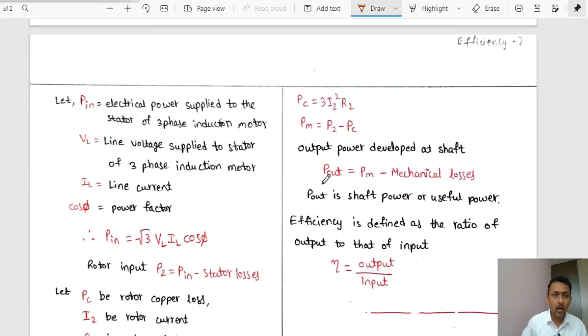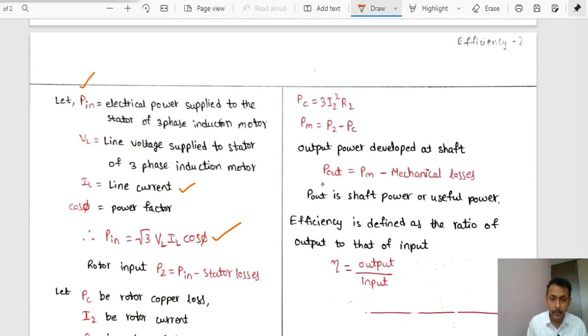Here, let me denote P in as the electrical power supplied to the stator of the three-phase induction motor, where VL is the line voltage supplied to the stator, and IL be the line current. So from our previous basics, the three-phase input power is given by √3 VL IL cos phi.